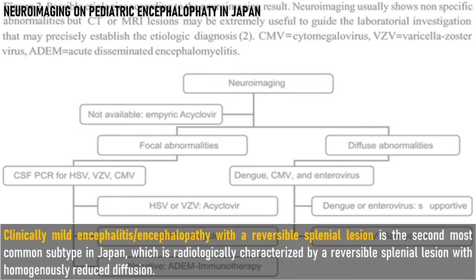Clinically mild encephalitis or encephalopathy with a reversible splenial lesion is the second most common subtype in Japan, which is radiologically characterized by a reversible splenial lesion with homogeneously reduced diffusion.